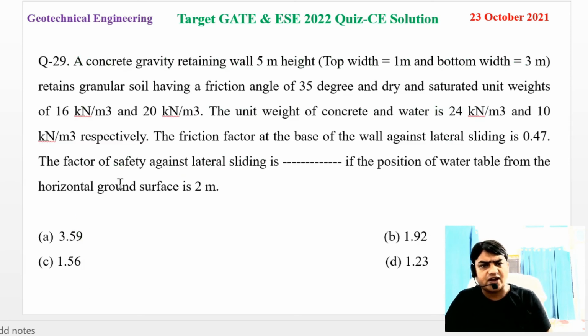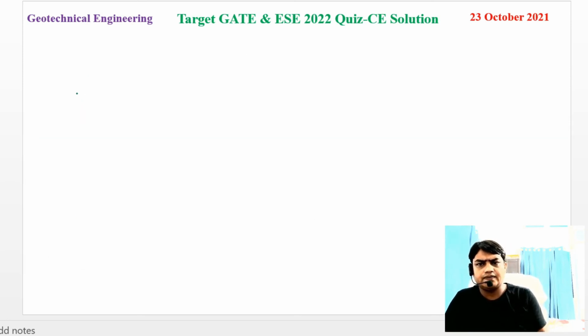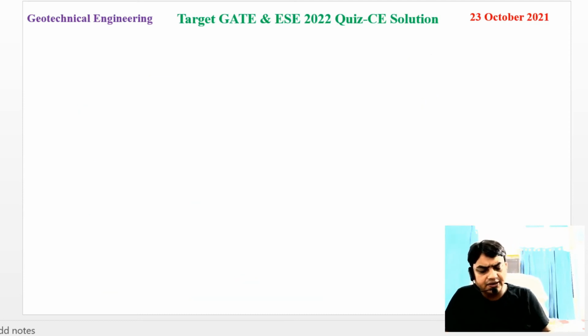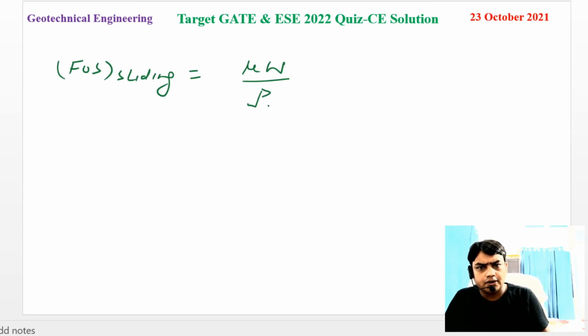We have to find the factor of safety against sliding. So what is the factor of safety against sliding? It is equal to mu into W divided by the destabilizing force.